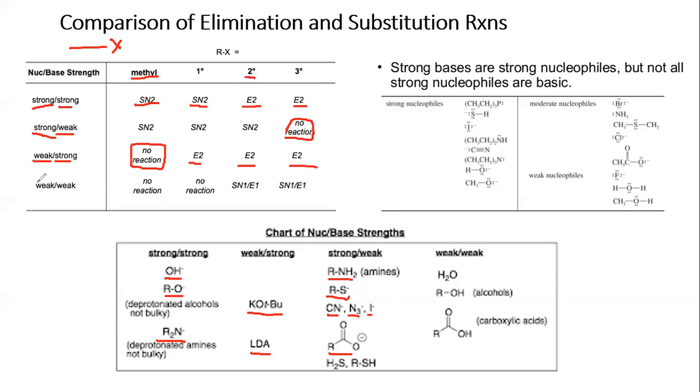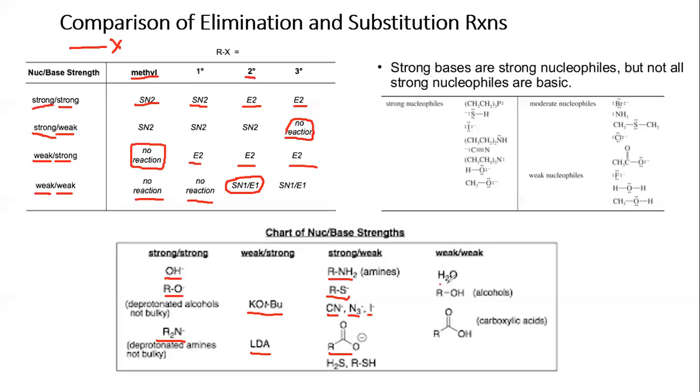And then we have our weak nucleophiles, weak bases. These tend to undergo SN1 and E1 mechanisms. With the methyl and the primary, generally these are no reactions, but for secondary and tertiary, you can have a mixture of substitution and elimination products when you use a weak nucleophile and a weak base.